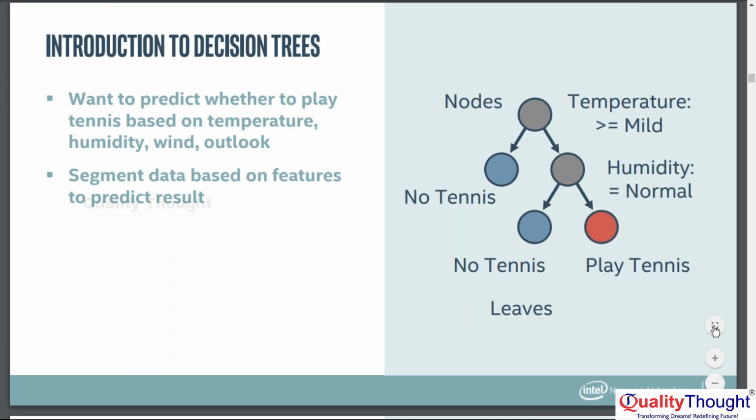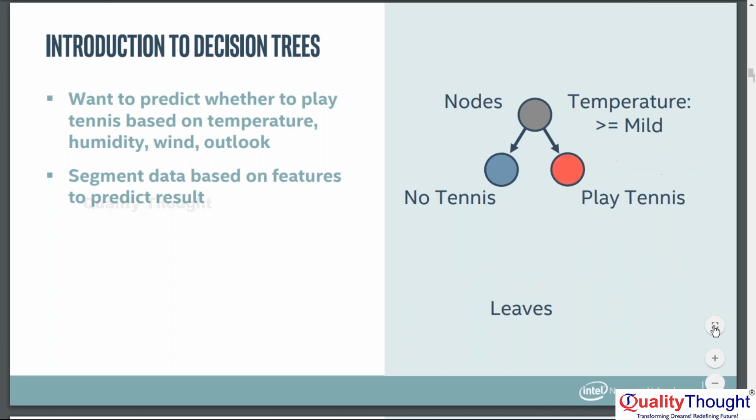Now temperature is greater than or equal to mild, and humidity is normal. So then, whether to play tennis or not. Earlier we had just one condition, whether the temperature is greater than or equal to mild.